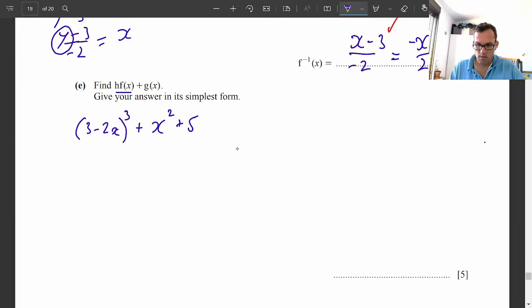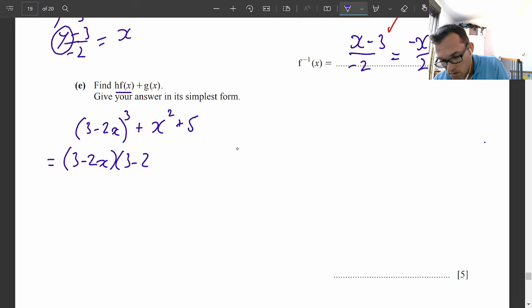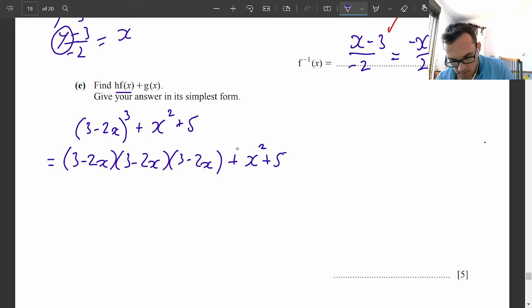Okay, you only got 1 mark there. Let's start the party. So what does 3 minus 2x cubed mean? It doesn't mean 3 cubed and minus 2x cubed. It means we've got 3 brackets. 3 minus 2x, 3 minus 2x, 3 minus 2x, plus x squared plus 5.